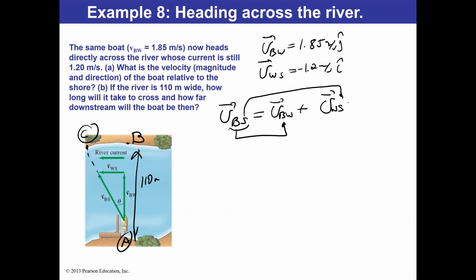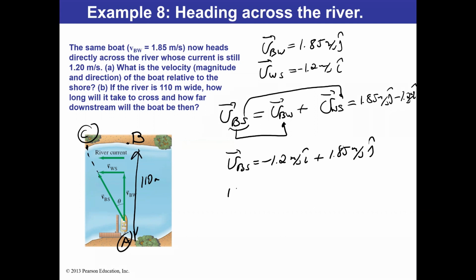So this is 1.85 meters per second, J hat, and this is minus 1.2 meters per second, I hat. Or you can say velocity of the boat relative to the shore is negative 1.2 meters per second, I hat, plus 1.85 meters per second, J hat.